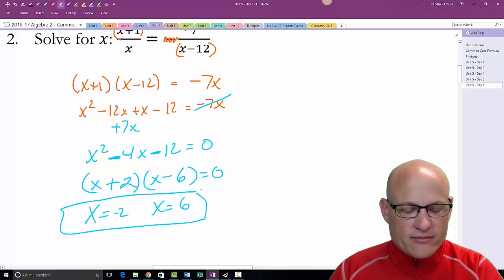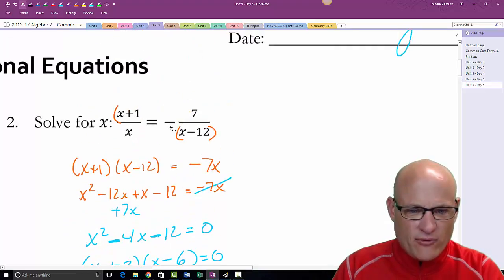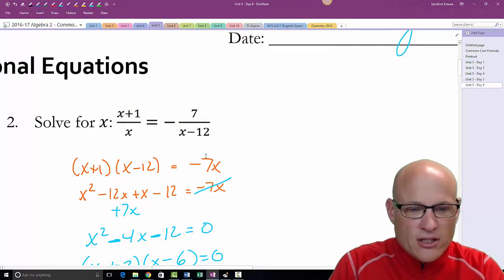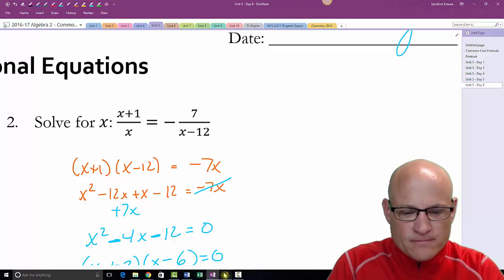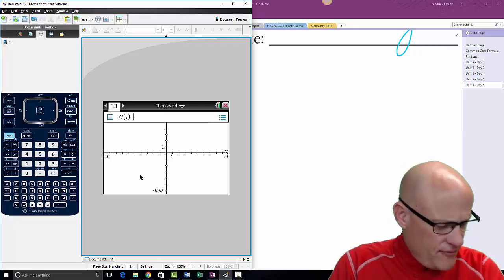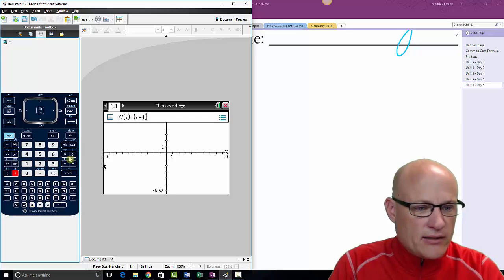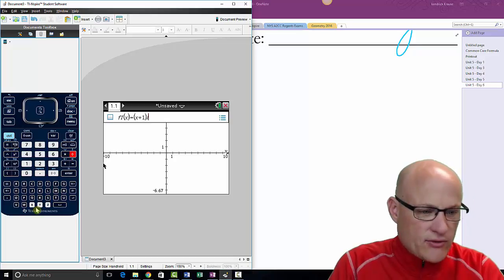You know what? I'm going to try that graphing thing again because I think I do have the new software. Let's try it again one more time. Let's see if it works. So we go into graph mode, and the first one is x plus 1 divided by x.